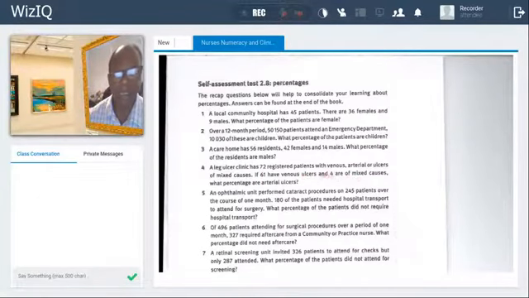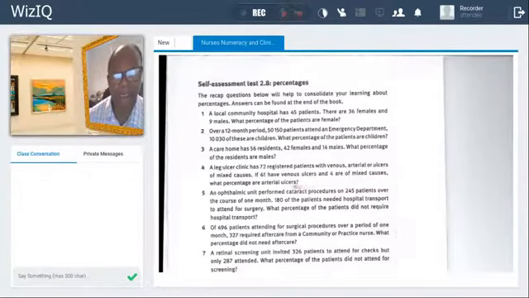What is he asking? He's asking about those who have arterial ulcers. So what we need here is to add this. Remember, the total is this. Let's put in the formula what I want to do.